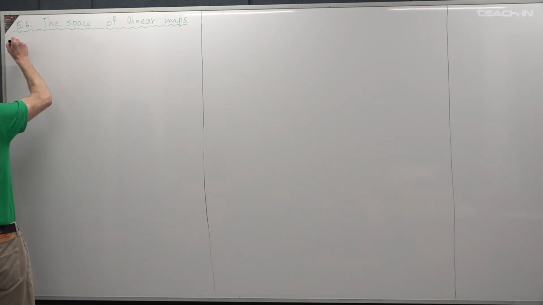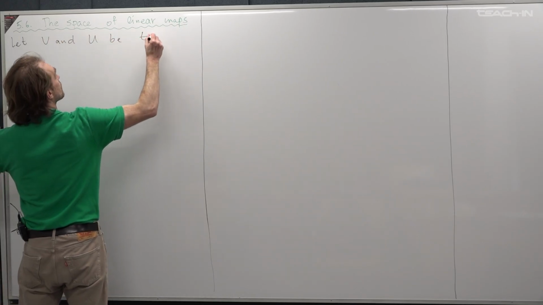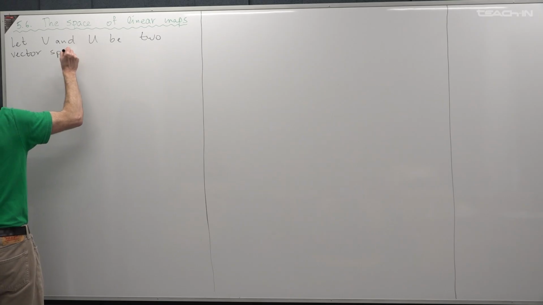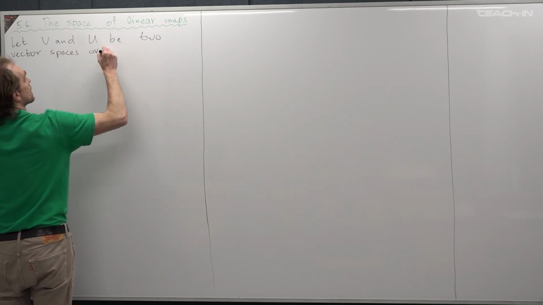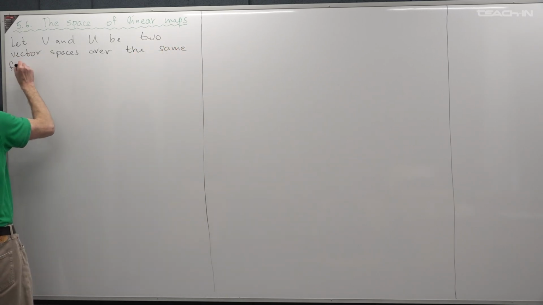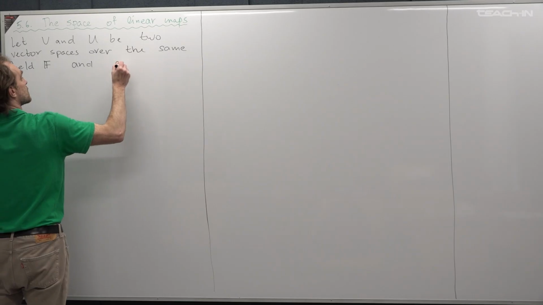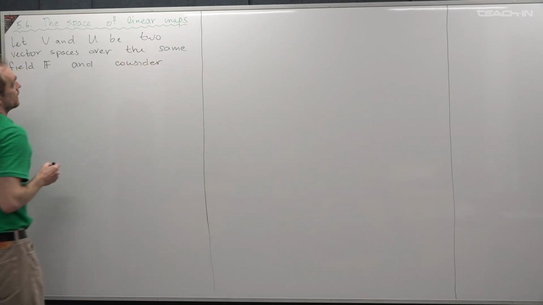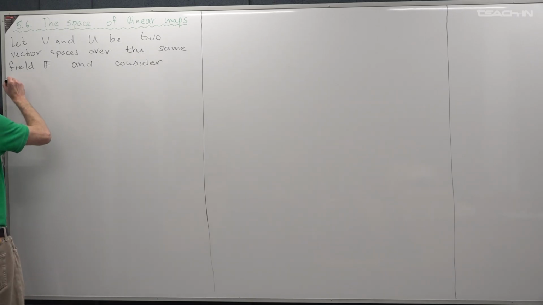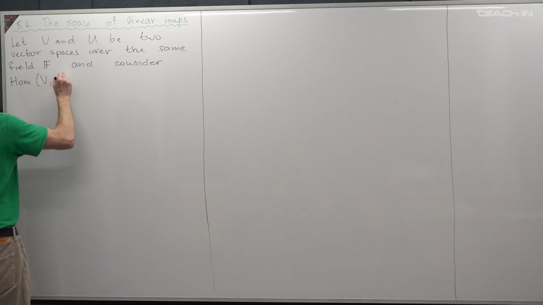So let V and U be two vector spaces over the same field, and consider the set of all linear mappings from V to U. I will denote it as follows: hom(V, U).